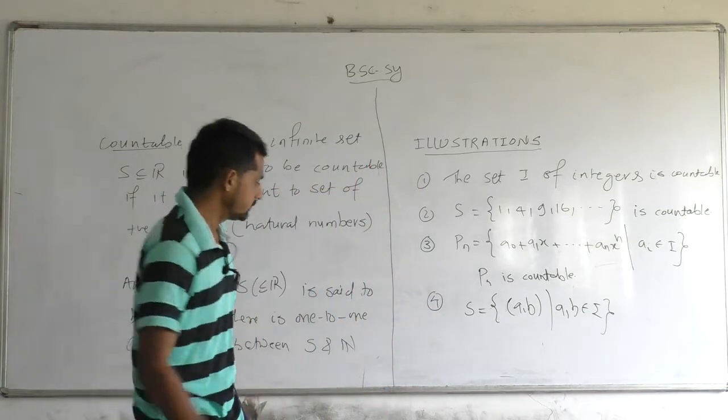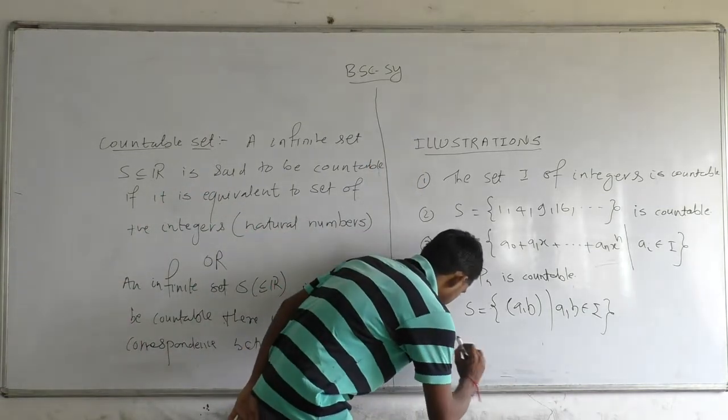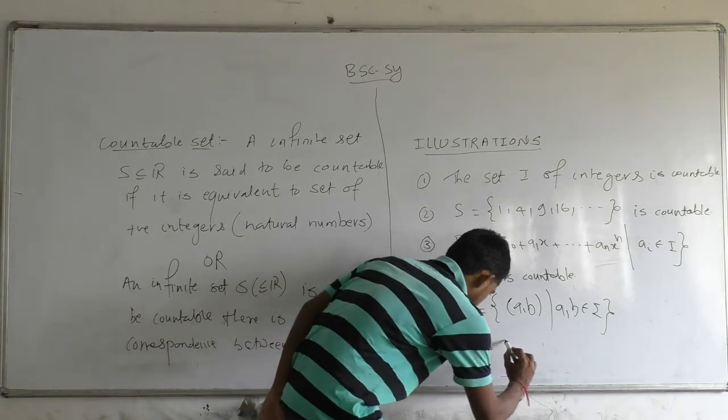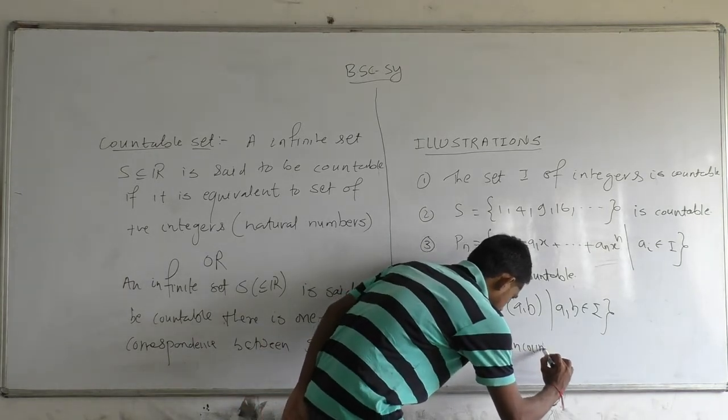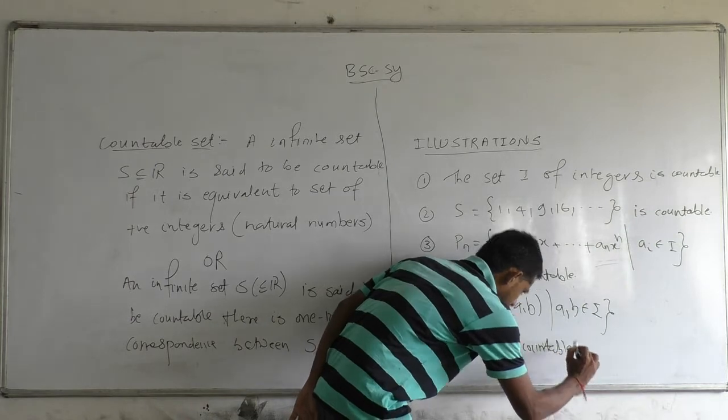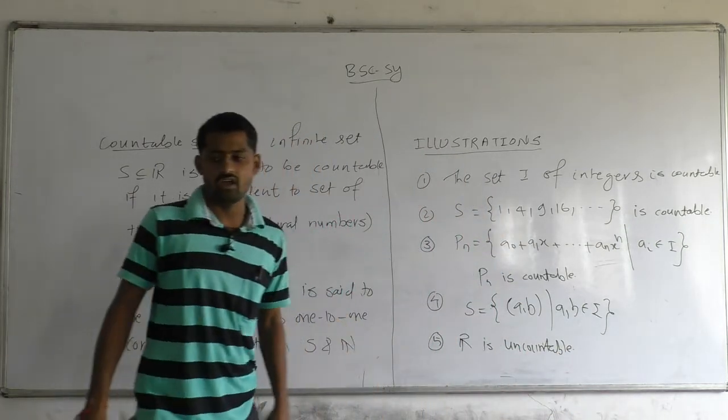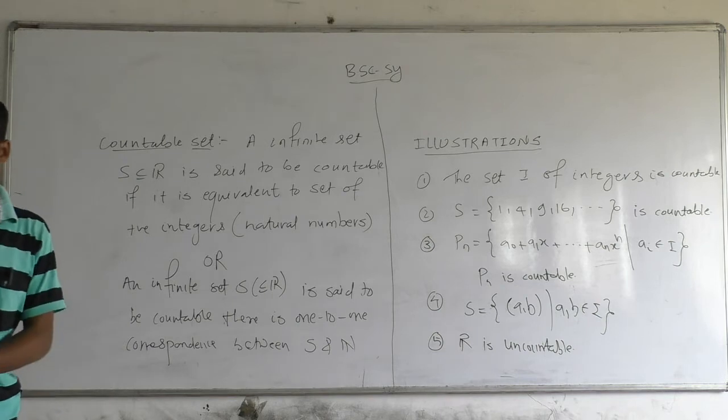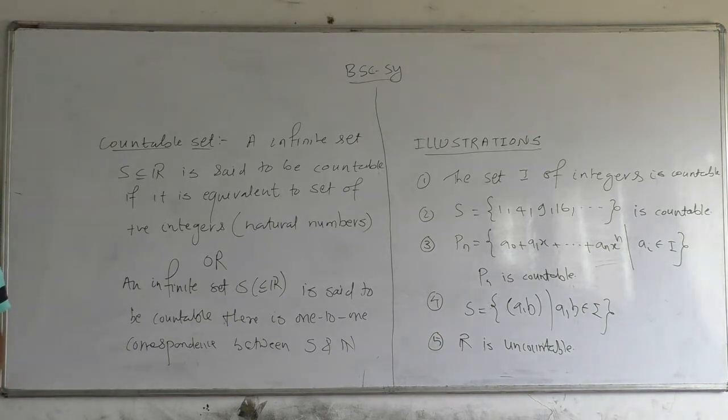Now fourth, fifth, the set R is uncountable, because we cannot find a function f from the set of natural numbers to the set of real numbers which is onto.